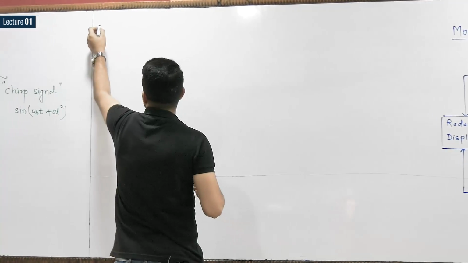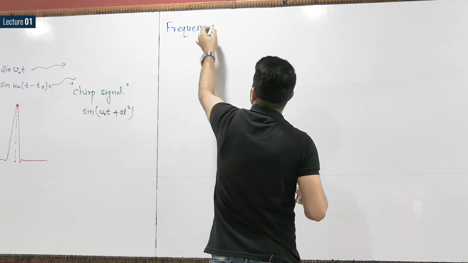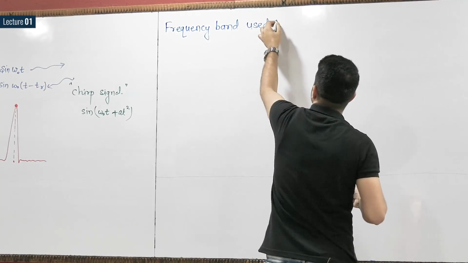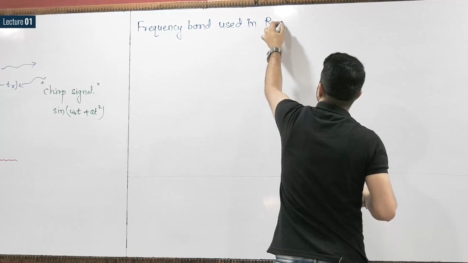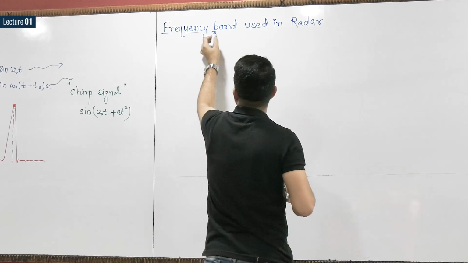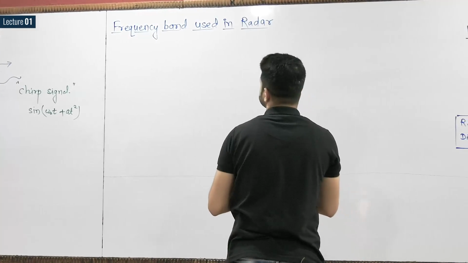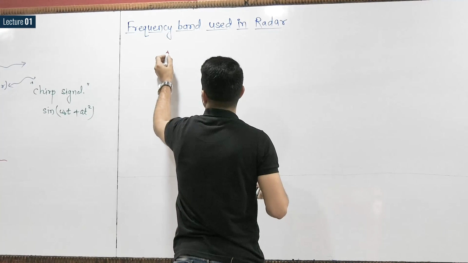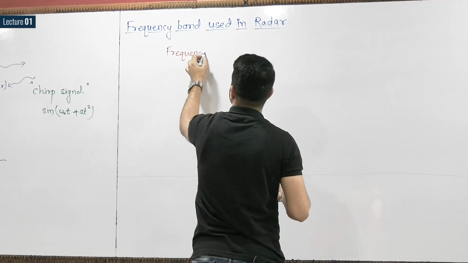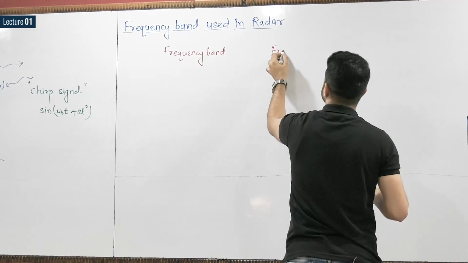So the frequency bands used in radar, that is the name of the band and the frequency range.